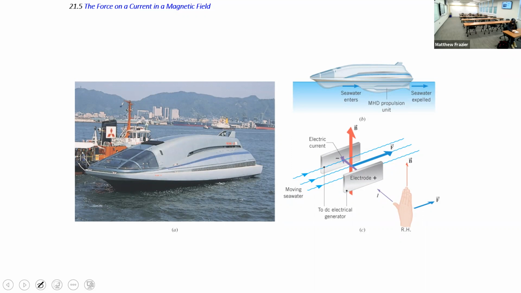There's an electric current now because seawater is a conductor, so it flows across. And you have a magnetic field from some coils that the water is flowing through, which gives you a magnetic field up, and it pushes the current outwards. So it effectively accelerates the water through the capacitor. It works like a jet, but uses electricity. It's a water jet.